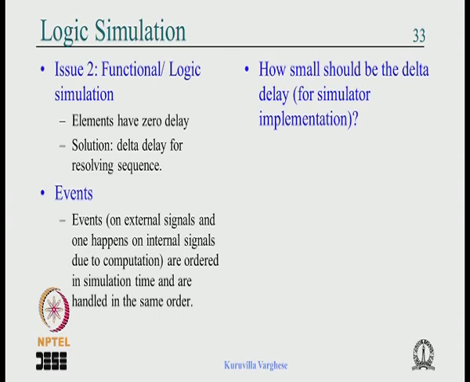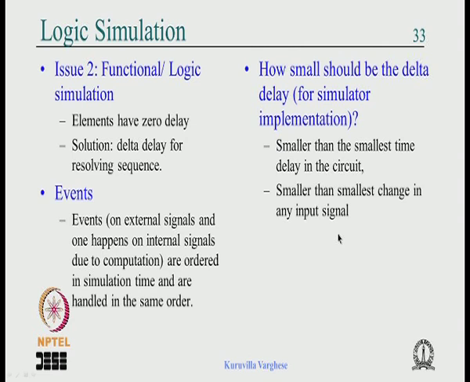Suppose a signal changes at 100 nanosecond and the output of that gate changes at 101 nanosecond; you cannot have a delta delay of 2 nanosecond, because then the ordering of the events won't be proper. So it has to be smaller than any delay in the real circuit. If you are working with an FPGA which has 1 nanosecond as a basic delay, the delta delay has to be specified, or set internally by the simulator, smaller than that.